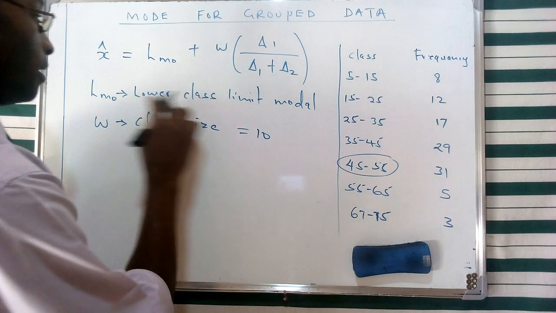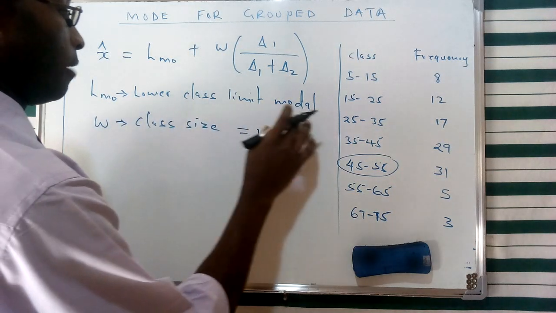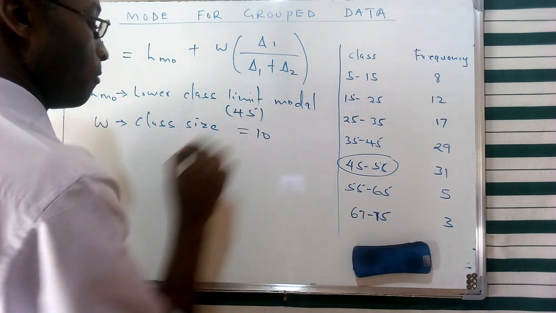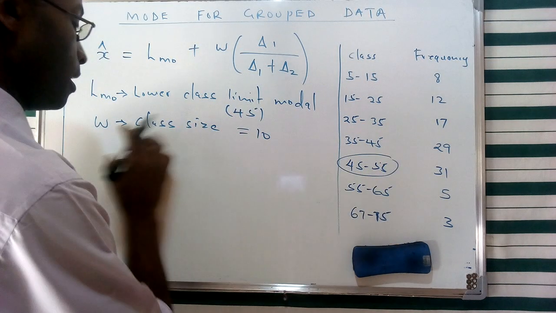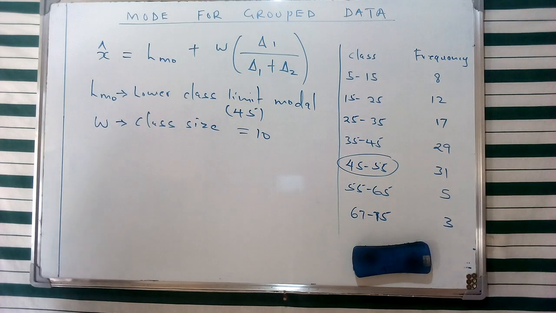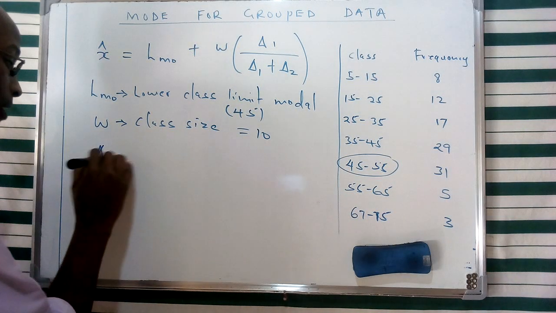So we have said that the lower class limit of the model class is 45, which we have identified from this specific class, and the value of W is equivalent to 10. Then we have delta 1.